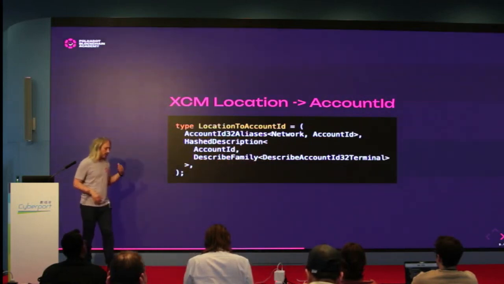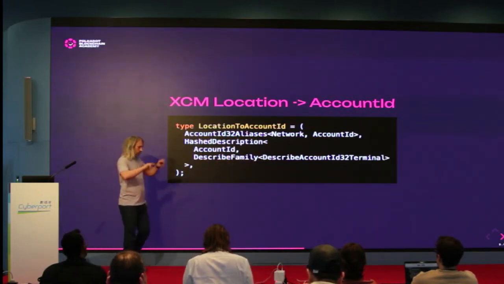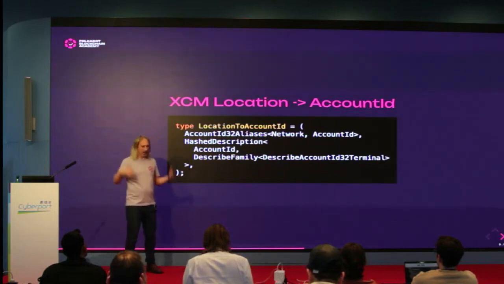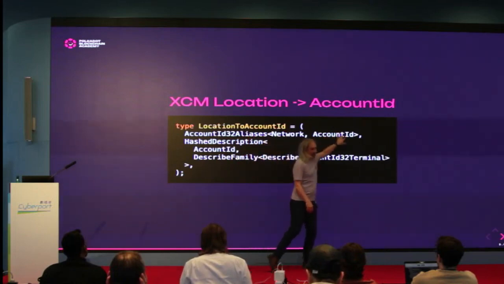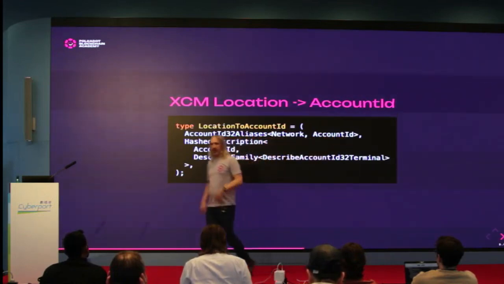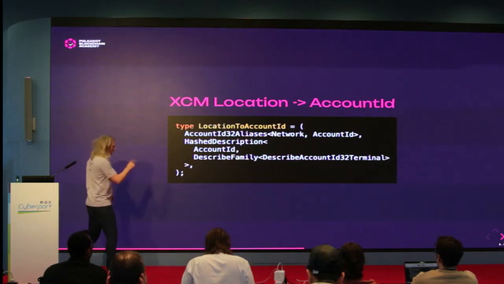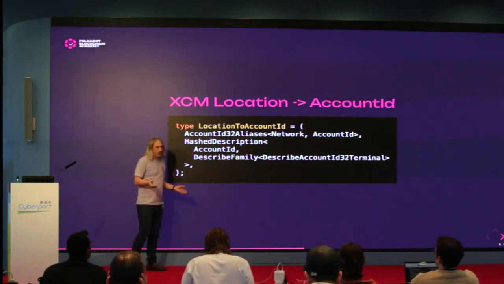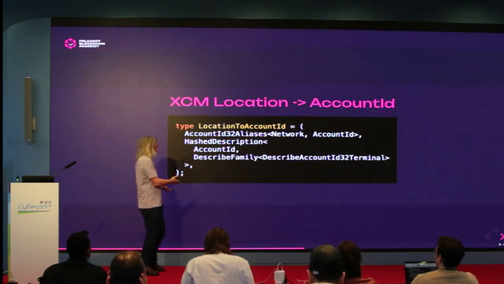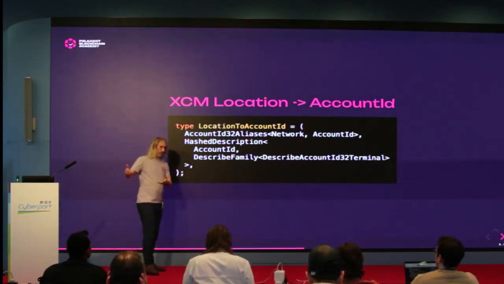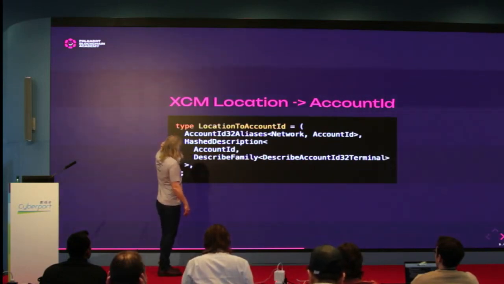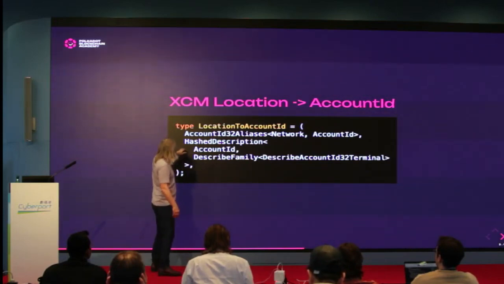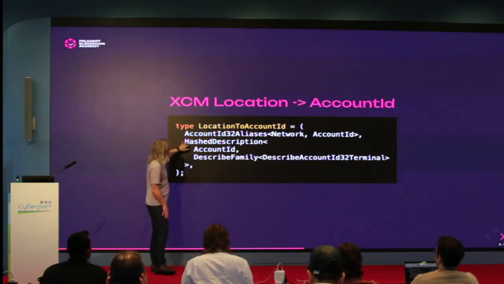If the location is just account ID 32 X, then we say that that maps onto X. Everything else will be different, but for that specific thing it doesn't make sense to change what account ID that is, because it's the account ID on this chain. So it makes sense that it would be the account ID on this chain. That seems pretty self-explanatory.